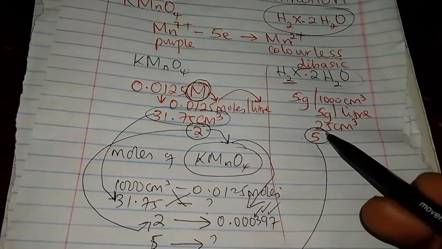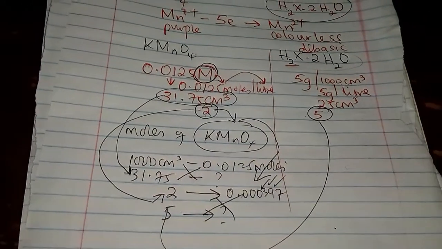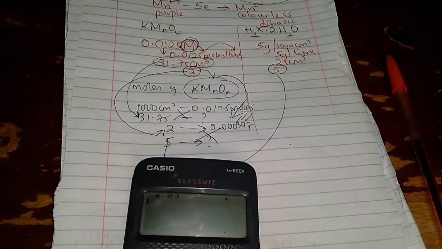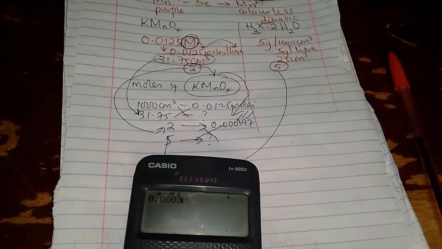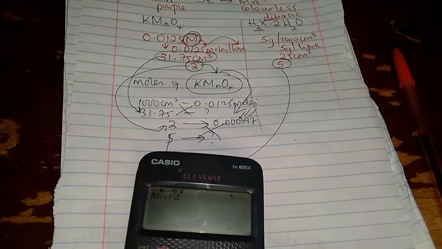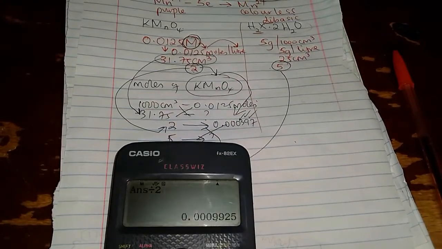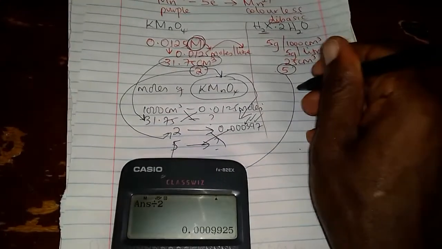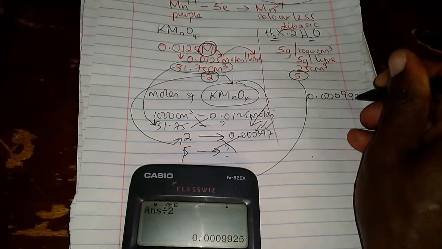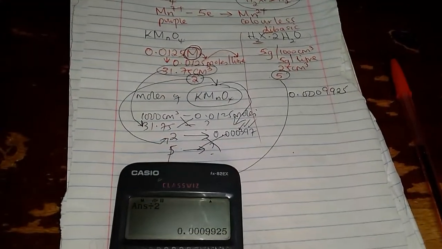What will this 5 represent? I just cross multiply: 0.000397 multiplied by 5 divided by 2. So the moles here are 0.00099925. Those are the moles of the acid that reacted.